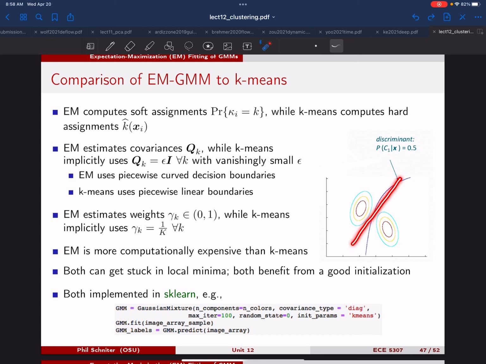Remember we had those Voronoi cells? They're piecewise linear, but once you have these covariance matrices and you take those into account, then things become curved, or at least maybe piecewise curved.